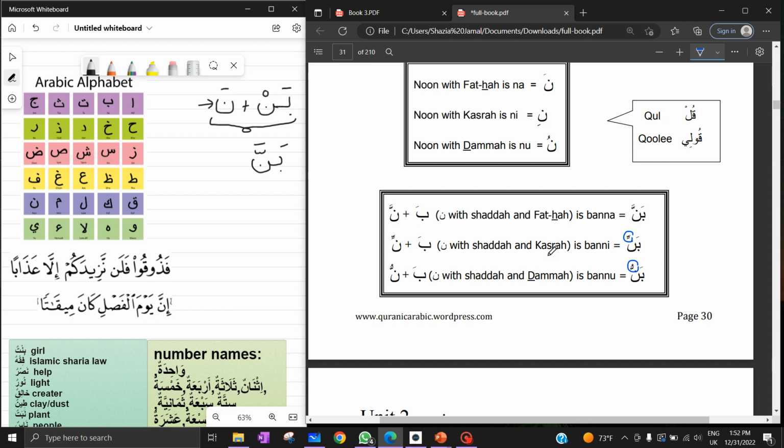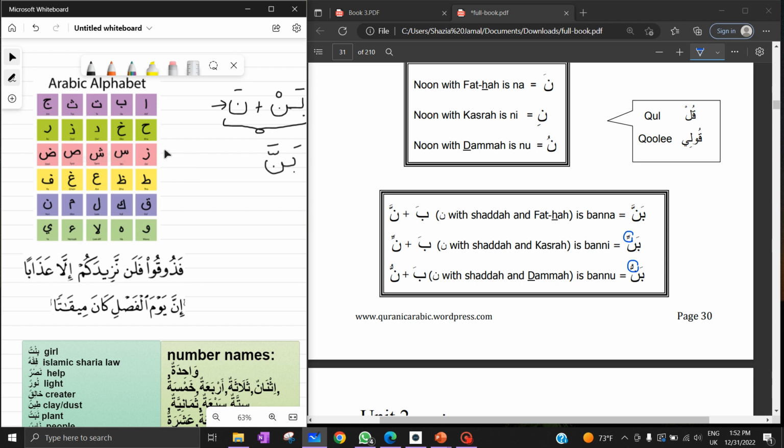So let's quickly come to the letters here. As I have given on my whiteboard all the letters in Arabic, how many letters have we completed right now? We have completed ba, ta and sa, because they look alike. The first unit consisted of ba, ta and sa. Now in the second unit we will be completing noon and ya.